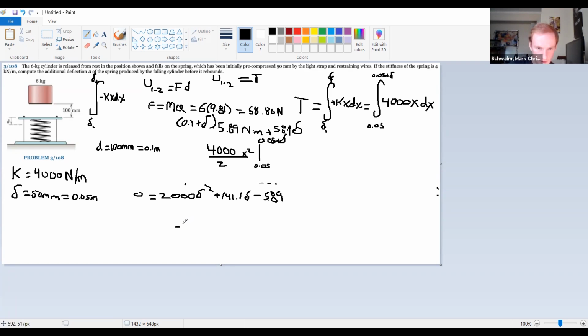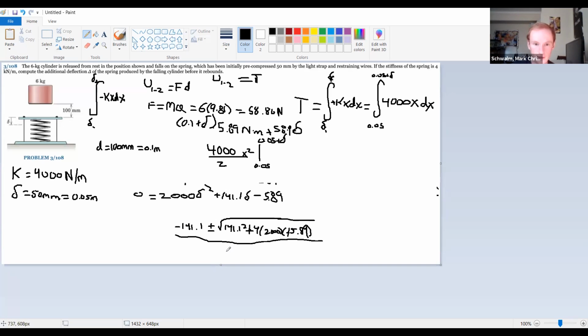Okay. 141 plus or minus squared minus 4 times 2000 times c, negative 5.89. These negatives are going to cancel, so that's just going to make that positive. And then all of that over 2a.